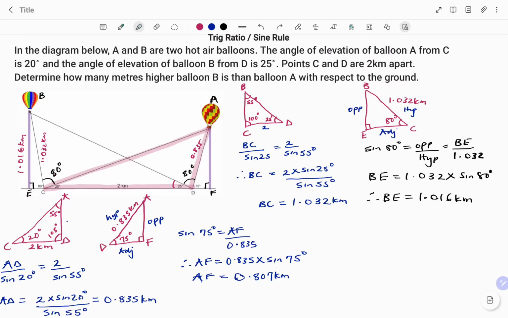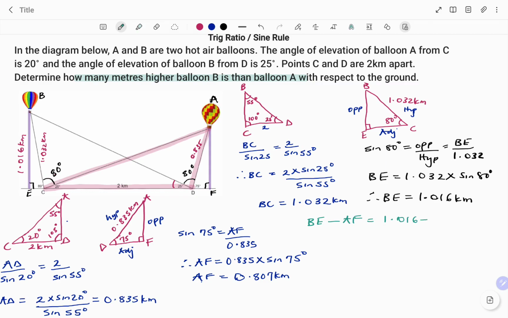So going back to the question, we have to determine how many meters higher the balloon B is than balloon A with respect to the ground. So I have the height of balloon B, BE, minus the height AF, and that will be 1.016 minus 0.807.